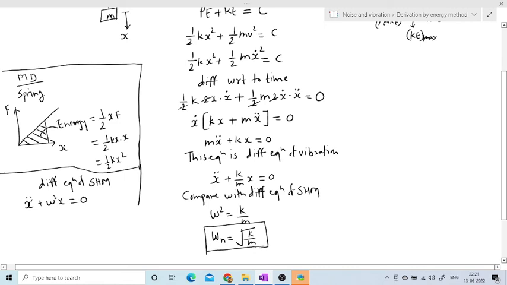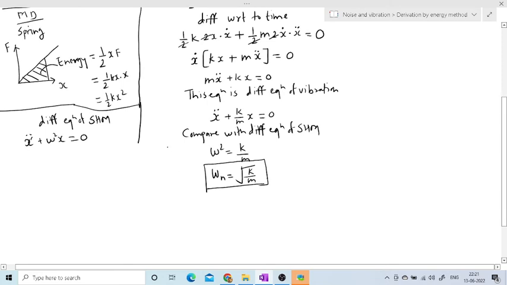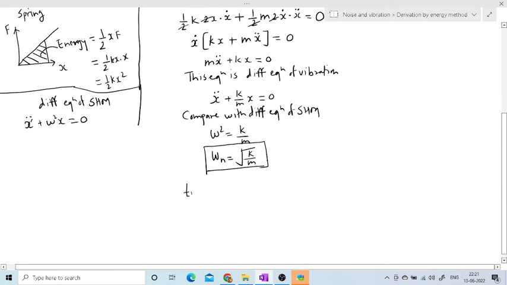Now if you want the time period, the time period required for the vibration, which is the time required to complete one cycle, Tp will be 2 pi by omega. So we can write 2 pi by root k by m. So this is the time period. And if I want the frequency of vibration, then frequency will be 1 divided by time period.